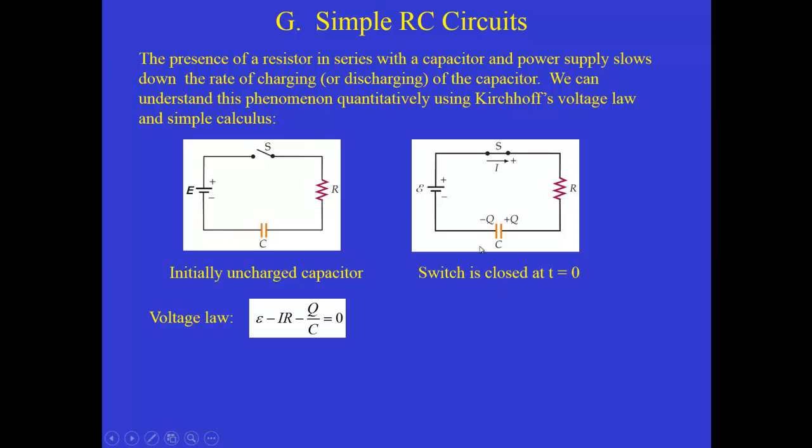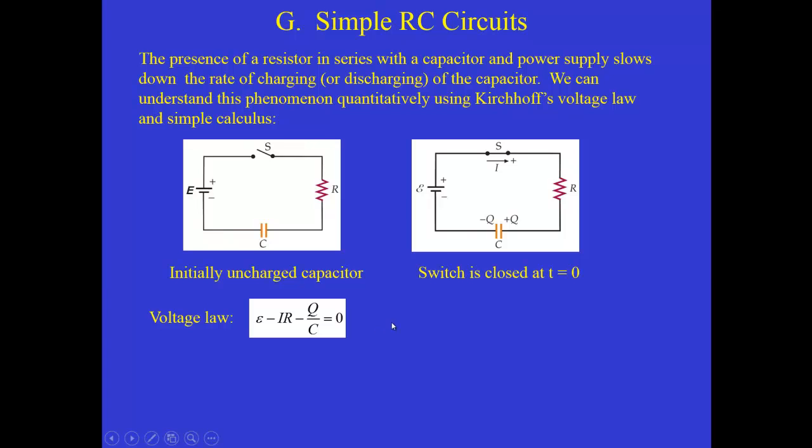And that means as we go around this loop, we have positive epsilon, and then we have negative I times R, and then across the capacitor, remember that there's Q over C. The voltage across a capacitor at any individual point in time when there's a charge Q on it is Q over C, and you can see on the capacitor plates that positive charge builds up on the right-hand side, negative on the left-hand side, so we're going down in potential as we go across the capacitor. So that's minus Q over C, and that has to equal 0 because that brings us back to where we started.